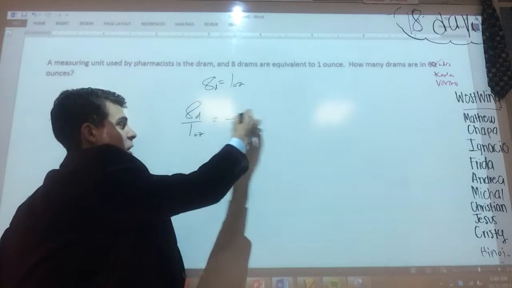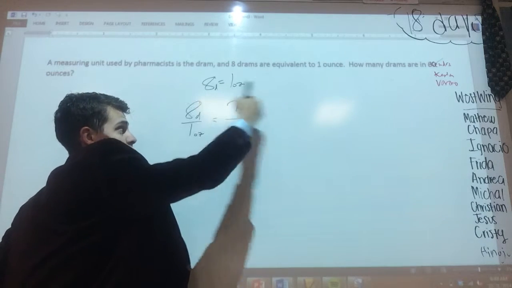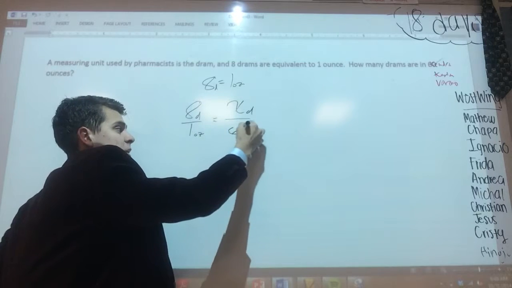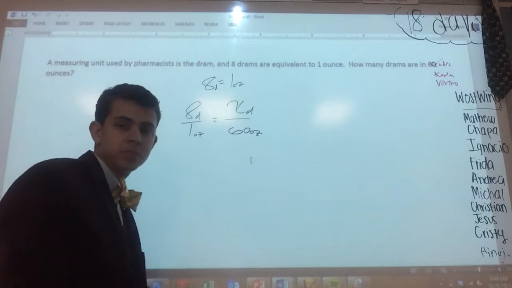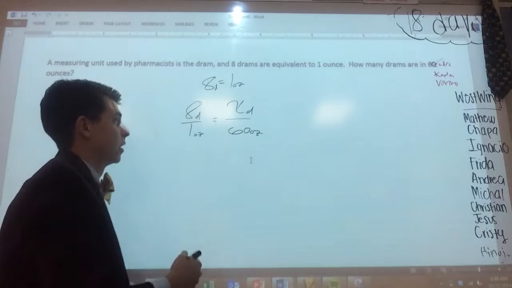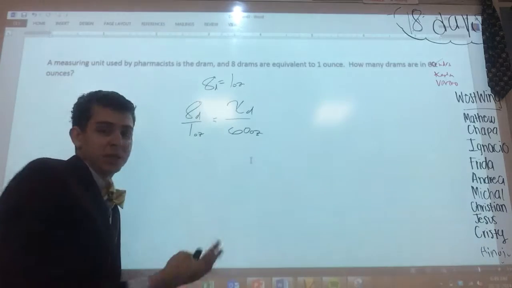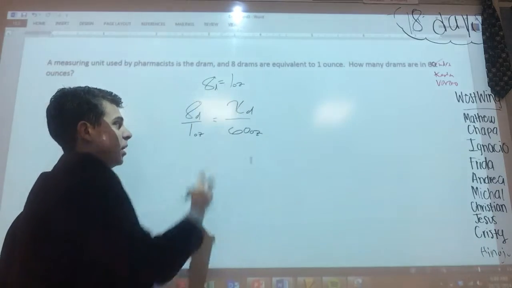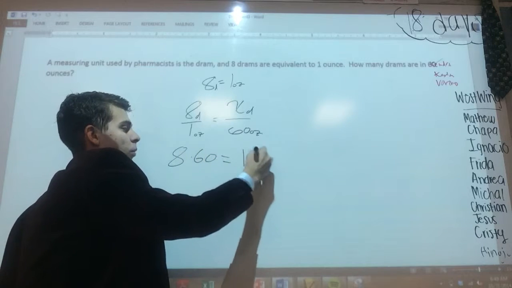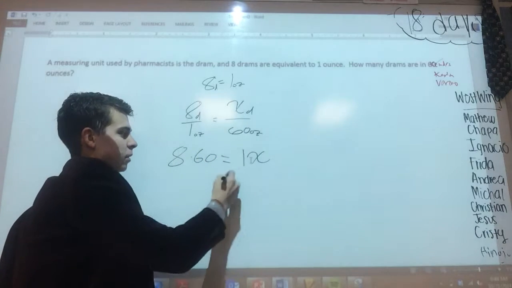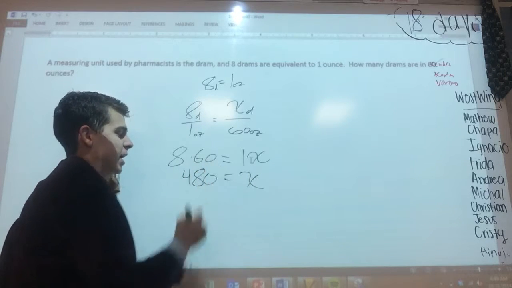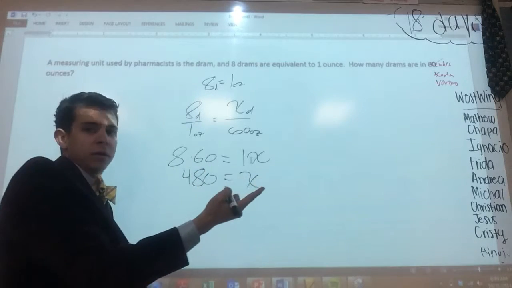And how many drams here, keep everything aligned, are in 60 ounces. So we could do our method of our unit rates, but this is I think a little bit easier, you just multiply and then solve for x. So 8 times 60 is going to be equal to 1 times x. 1x is just x. 8 times 60 is 480. We got it, 480.